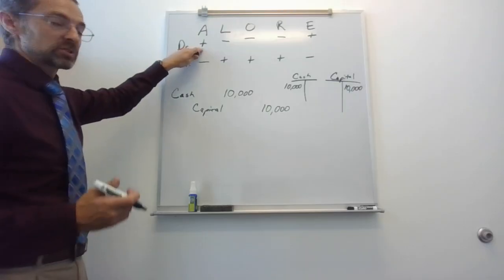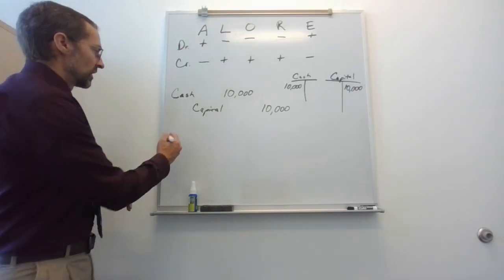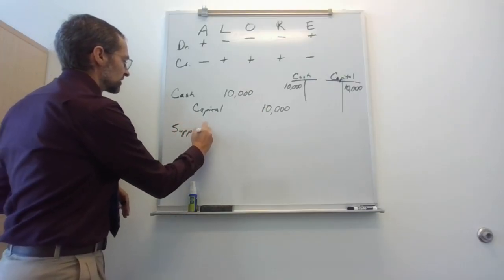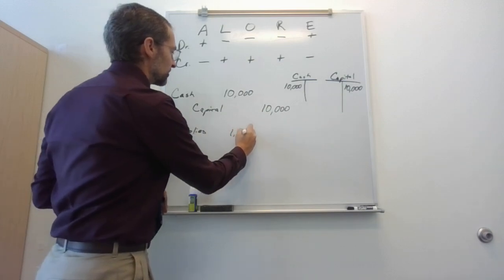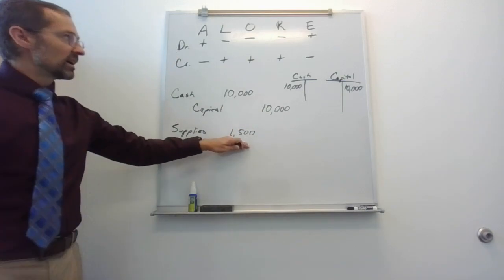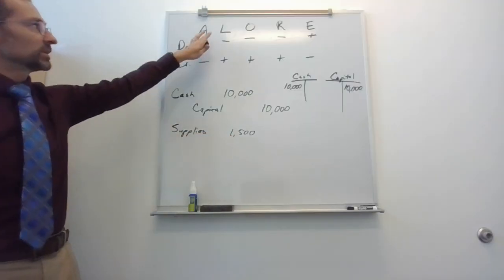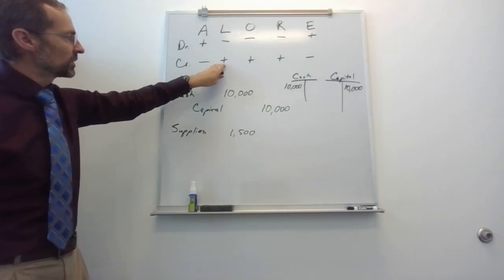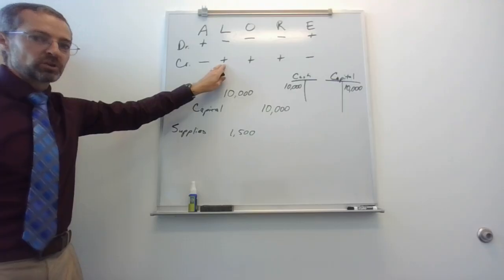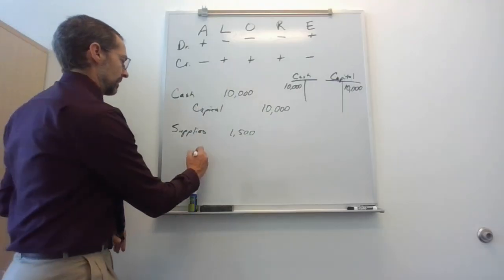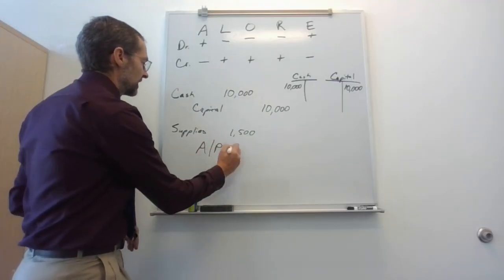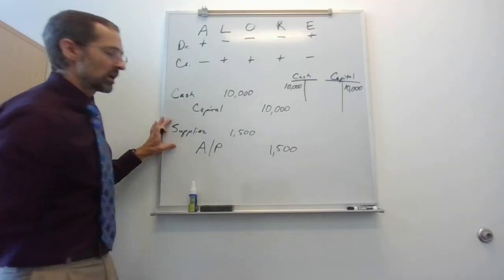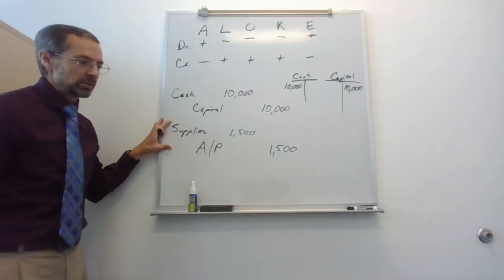It's going up, so I have to debit supplies. Debits go first, so I will put supplies here. Supplies went up $1,500, so I debit that. And then accounts payable is a liability. We owe more than we did before, so liabilities are going up. That must mean we need to credit the liability. So I abbreviated A/P, 1,500. Okay, we have another sentence in our story of our business.